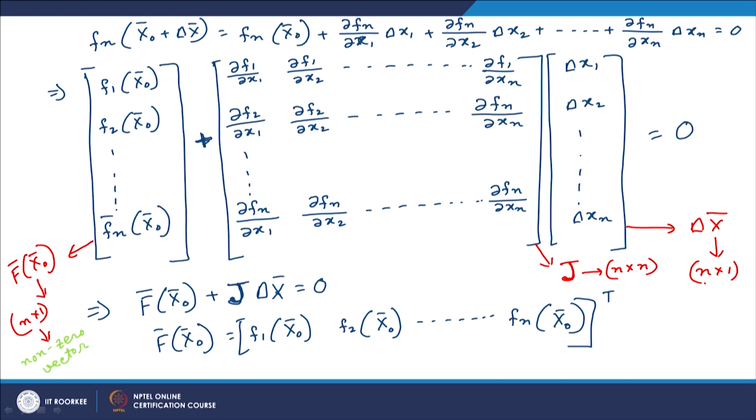Now, what about this Jacobian? We want to solve for delta x1, delta x2, up to delta xn. From this equation, we can write that J into delta x bar is equal to minus f of x naught bar.